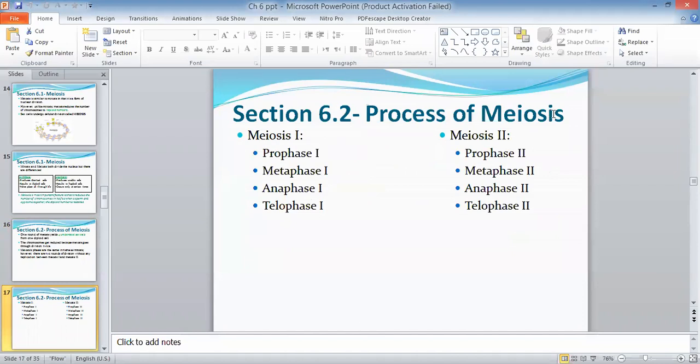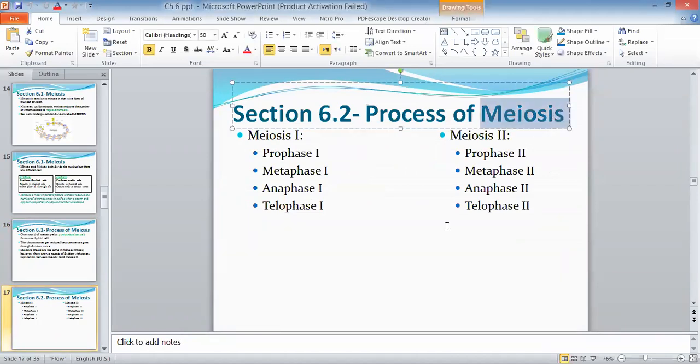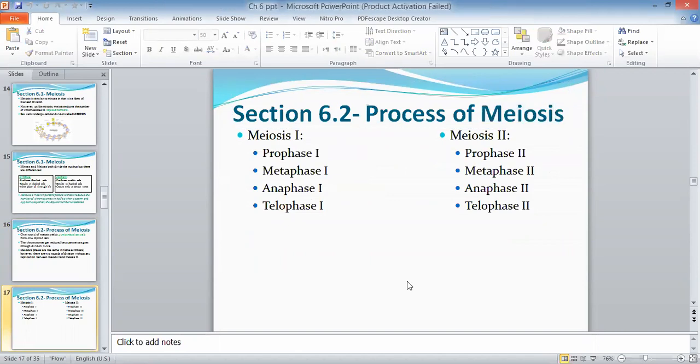Meiosis division occurs through 2 stages, meiosis 1 and meiosis 2. So this division occurs 2 times. Okay, Yusuf?